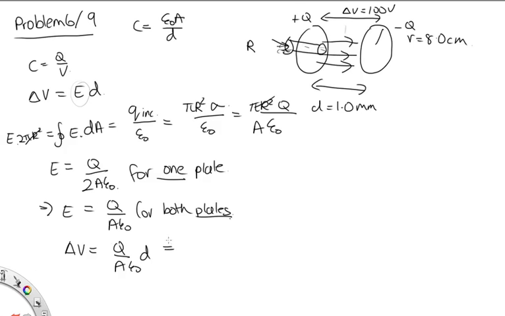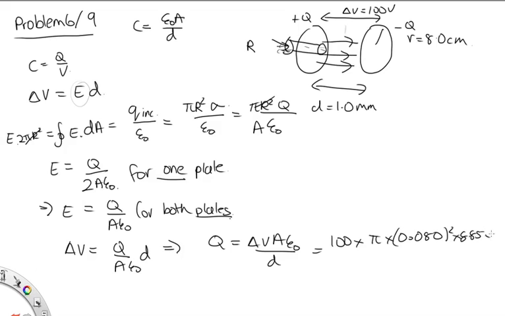And so solving this, Q is equal to the voltage difference times A epsilon naught on D. And so this is 100 times the surface area of the plates, which is pi times 0.080 squared, times epsilon naught, 8.85 times 10 to the minus 12, over the distance between them, 1.0 times 10 to the minus 3.